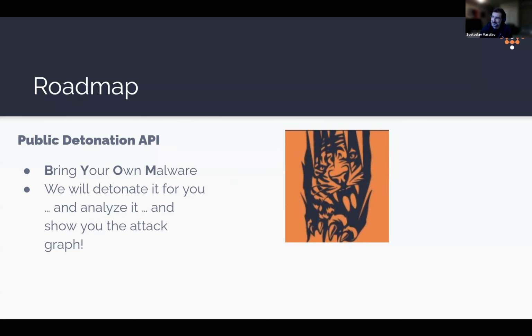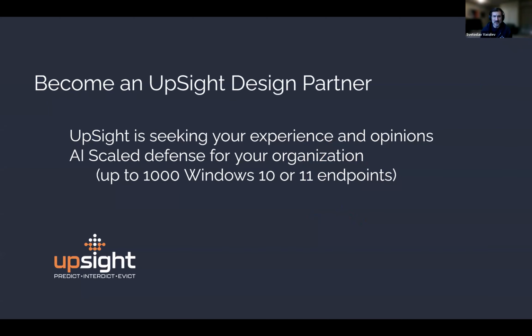Bring your malware, we'll detonate it for you and analyze it automatically, because the UpSight client is going to be running, and show you the attack graph, and you can play with it. We think this is a feature that is going to span from this quarter to the next one and the one after that, so look forward to Q2 of 2024. And I believe that is all for me.